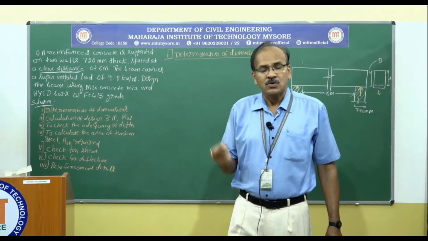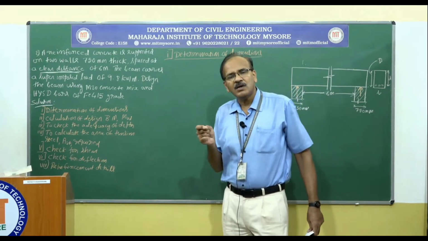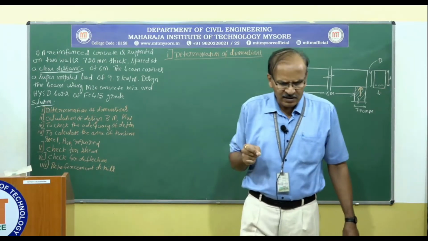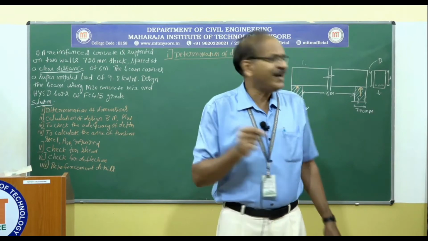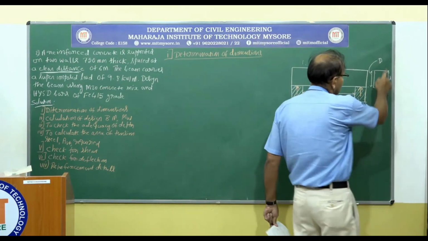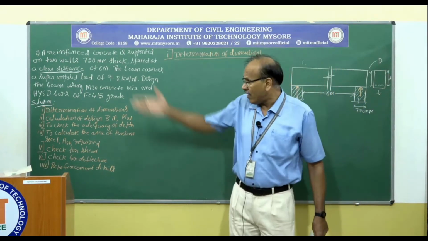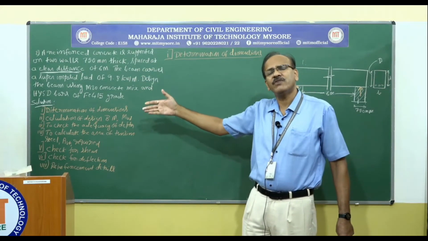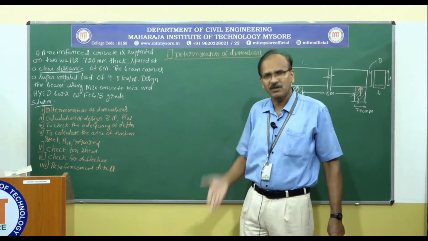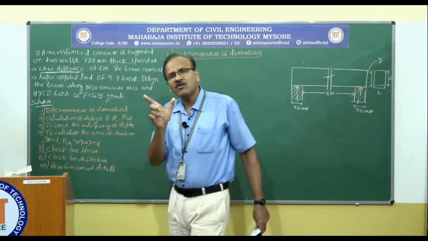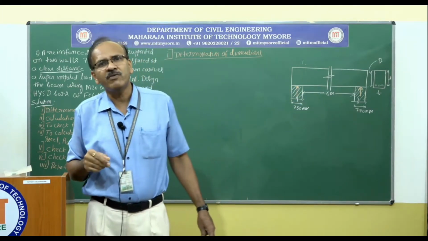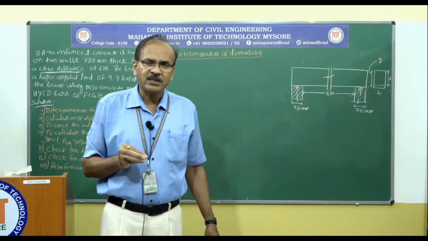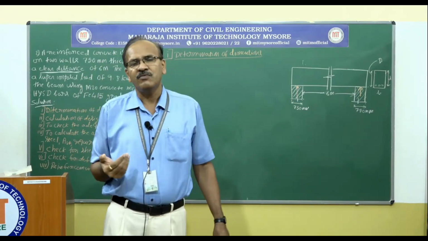So self weight of the beam, if you need to include, then you need the overall dimensions. Do we have the overall dimensions of the cross section? This is a design problem. You need to find out everything from the beginning. After all, the design is finding out what are the dimensions of a beam required, and also what are the tension steel and what are the stirrups we need.